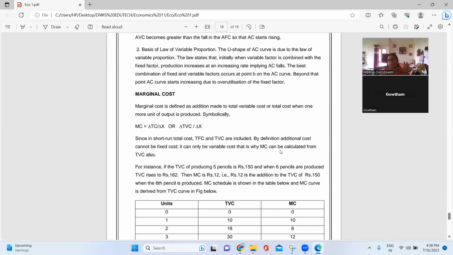But after some time, it will start increasing at a decreasing rate or start falling. Increasing rate implies AC falls. The best combination of fixed and variable factor occurs at point B on the AC curve. Beyond that point, the AC curve starts increasing due to overutilization of the fixed factor.